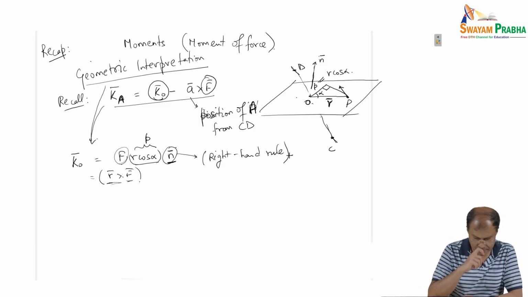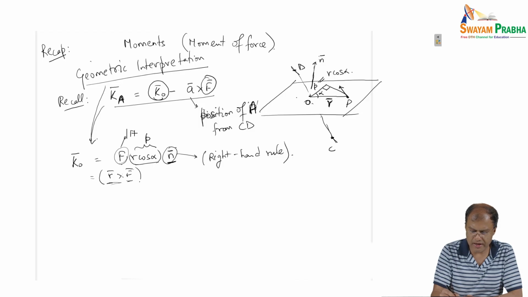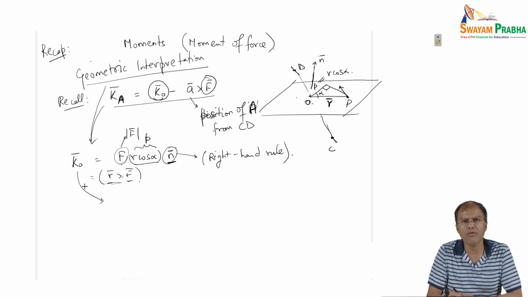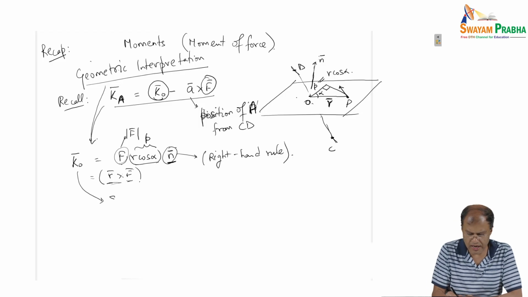Here F is the magnitude of the force. So this is the formula for one particle. We can similarly write it down for a system of particles.